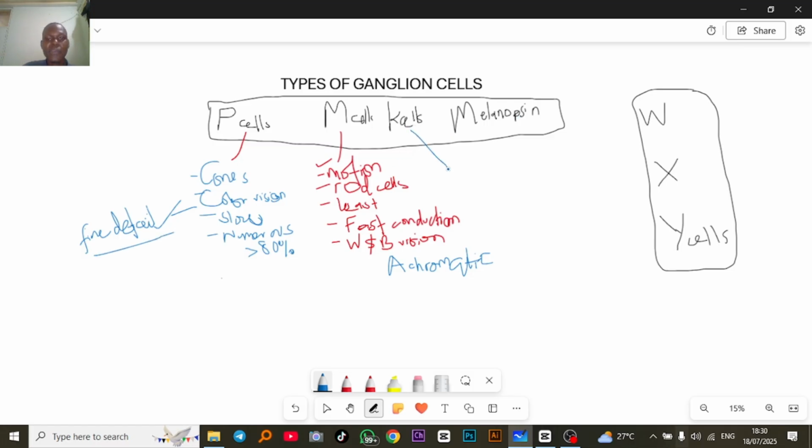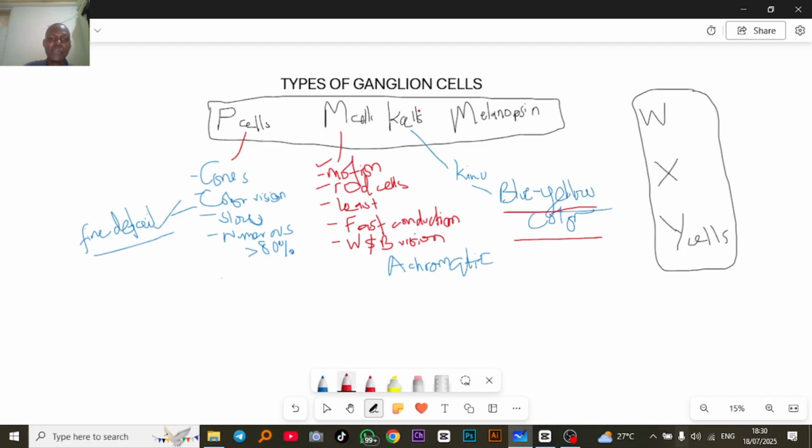Then the K cells, these ones receive information mainly about the blue-yellow color. So they are mainly concerned with the vision of the blue-yellow color. Right?